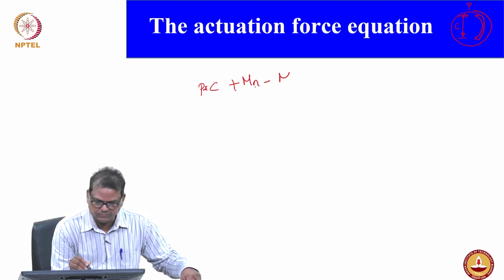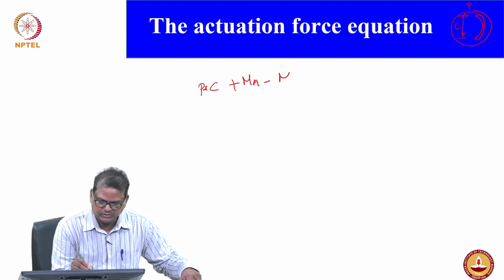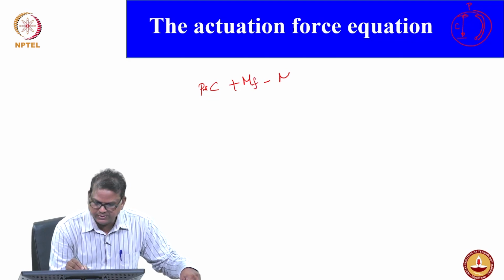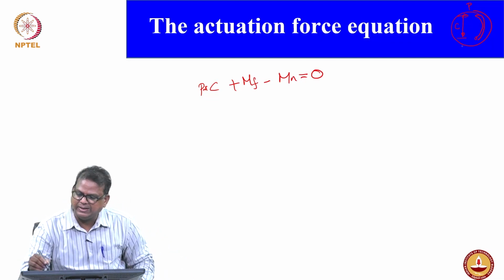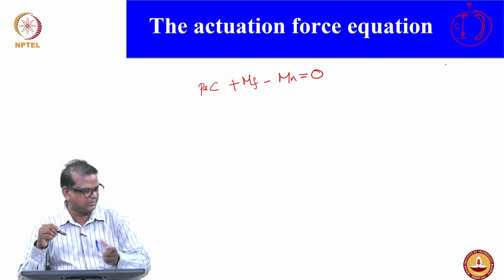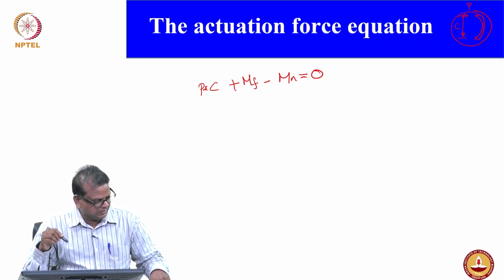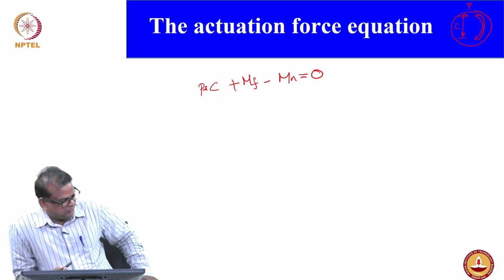minus Mf should be 0, I am trying to balance it, right. So P into C acts as a couple, in the clockwise direction, that's what we assumed.